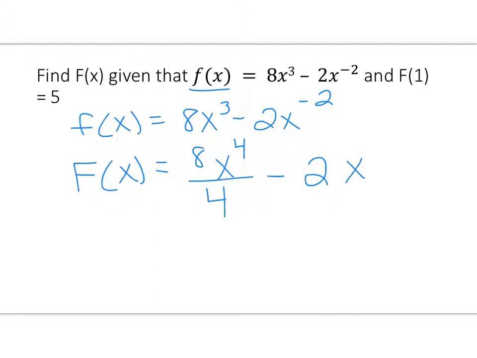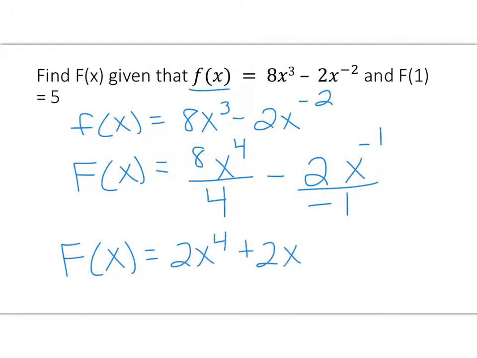Negative 2 has to increase by 1, so that becomes a negative 1, and I'm dividing by negative 1. So cleaning that up, I have that the antiderivative F of x is 2x to the fourth plus 2x to the negative first. And I can double check if I take that derivative that I'll get back to f of x. But now remember, there's also a constant here.